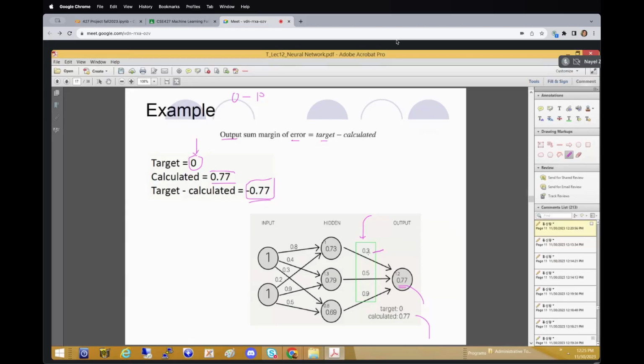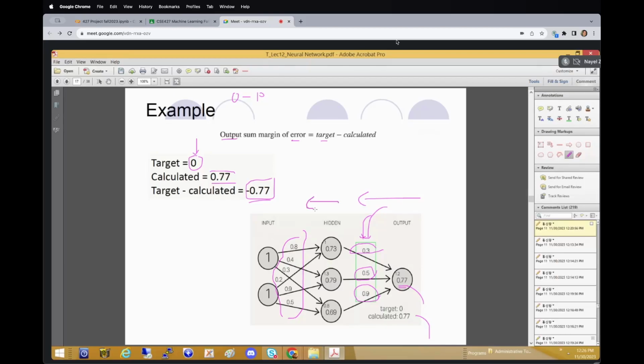That is, whether we need to increase or decrease this weight 0.3, whether we need to increase or decrease 0.5, or 0.9. Using backpropagation, we will think about this layer first, update the weights of this layer, and then update the weights of the earlier layer. So it goes from the end layers to the start layers.